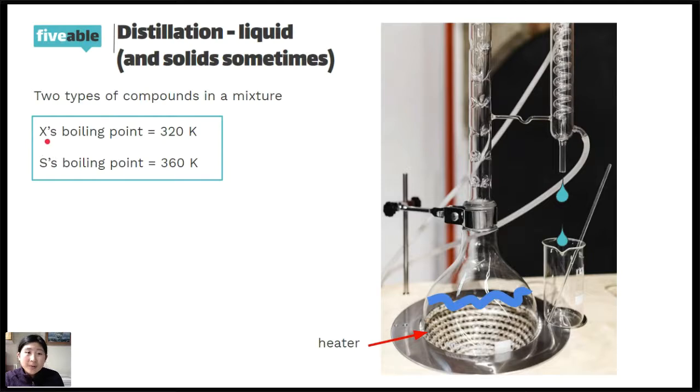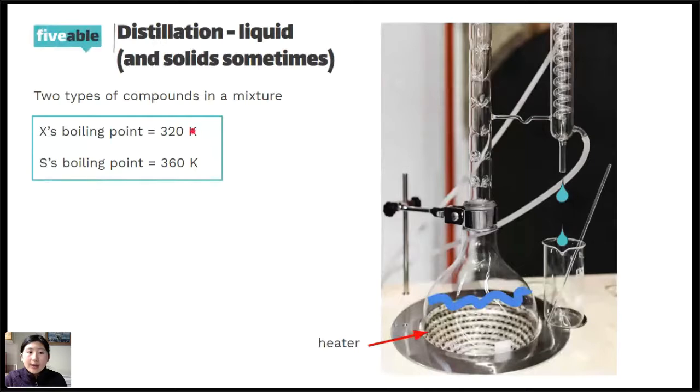So X's boiling point is 320 kelvins, and S's boiling point is 360 kelvins. So which one do you think will evaporate first? So these are its boiling points. So that means these are the temperatures at which the component or the compound is going to evaporate.